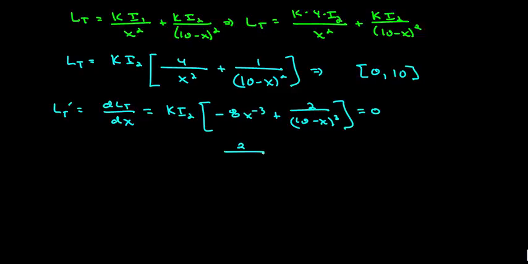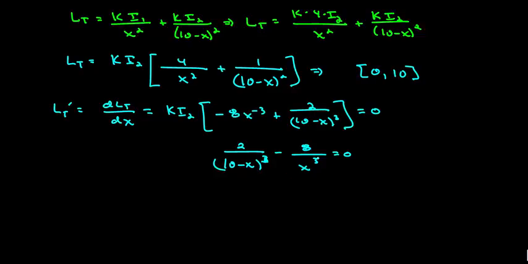This is going to be 2 over 10 minus x quantity to the third, minus 8 over x to the third, like that. Clearly, if k is 0, or if k_2 is 0, then that's a solution. Okay, but these guys, we're assuming these guys aren't 0. So let's go ahead and play around with this right here.